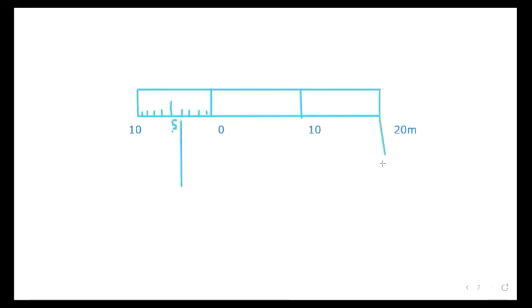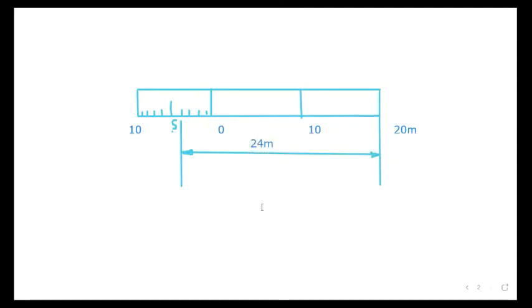At 20, we draw a vertical line. This is basically the extension line. Now we draw the dimension line and we draw the arrowhead. Here also we draw an arrowhead, and here we write 24 meter.